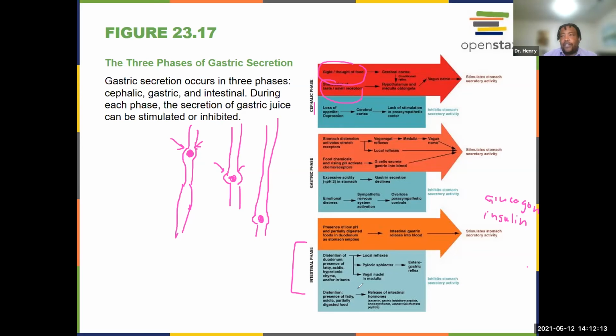Or it is an antacid, like Tums. Tums is just something that binds to that H plus, so you're neutralizing the H plus. It's a base that you're introducing to the system.